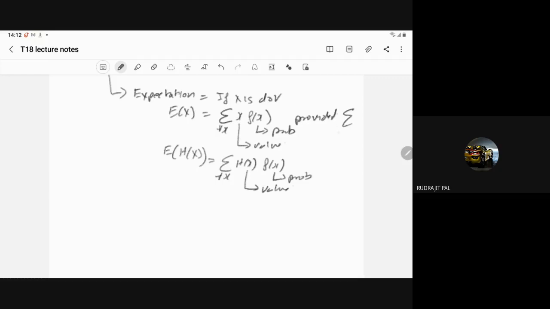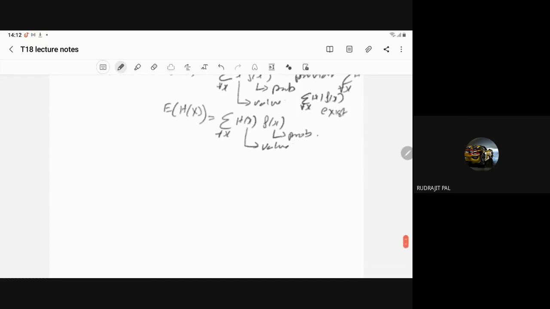Provided the summation for all x of mod of x into fx exists, right? Similarly here also, provided the summation of mod of hx fx exists.